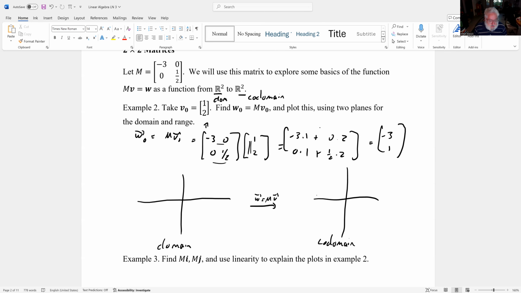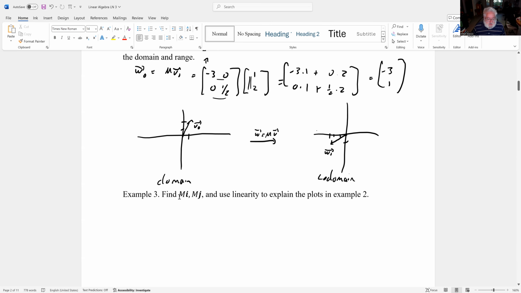So this is our vector V0 (1, 2) in the domain, and it gets mapped to the vector (-3, 1) in the codomain. And that doesn't actually tell us a whole lot, right? I mean, it's plotting a point. One of the things we want to get away from is understanding functions by plotting points. We want to understand functions in more general terms.